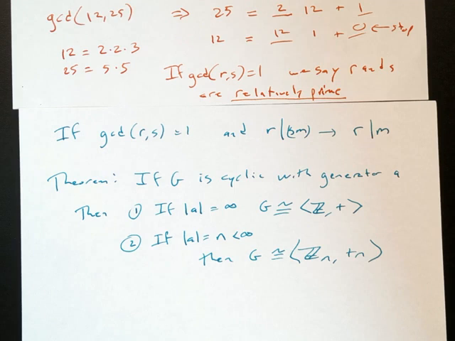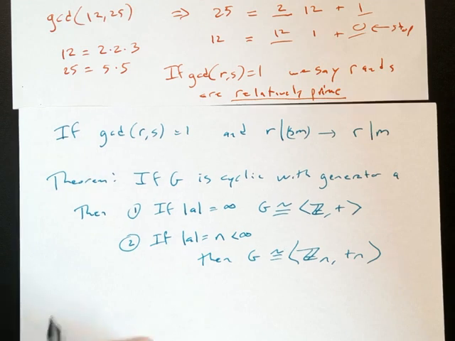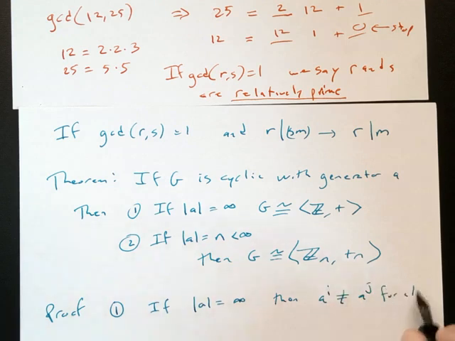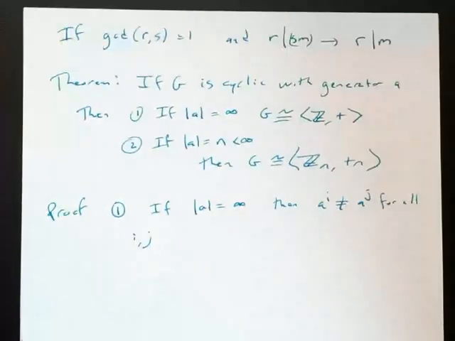One-to-one and onto function from G to Z. If the order is infinite, then every time I do another power of A, I get something different.